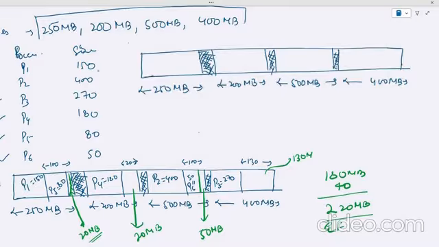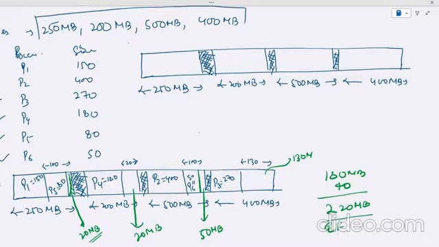150 needed. In best fit, whichever space is most closely aligned to the process, we provide that space to that particular process. So P1 needs 150. First block 250. We can put this process here, but we are not going to, because we are first finding the space which is equal to the needed space or as close as possible.